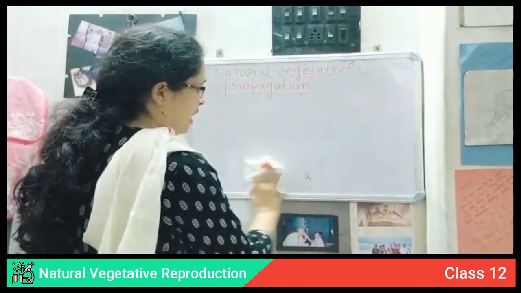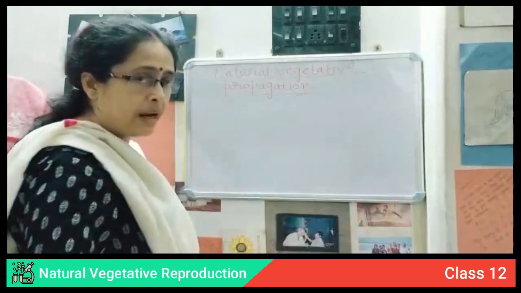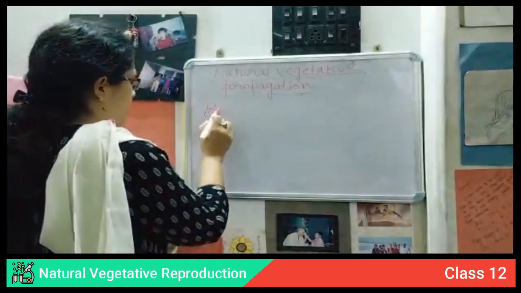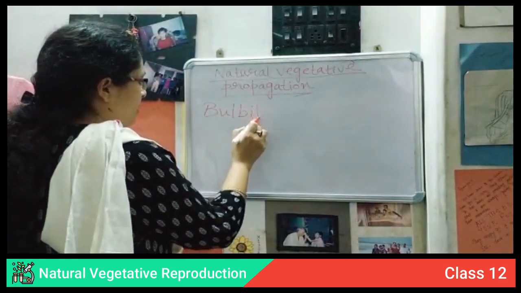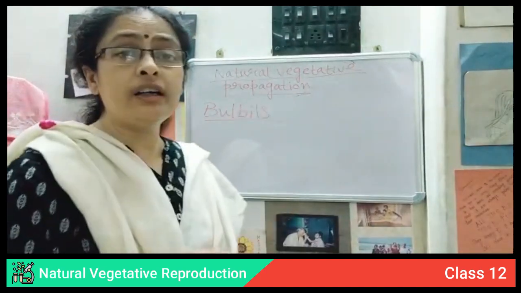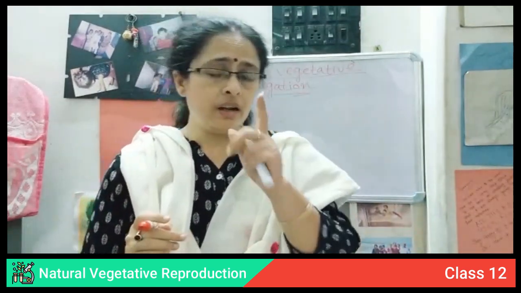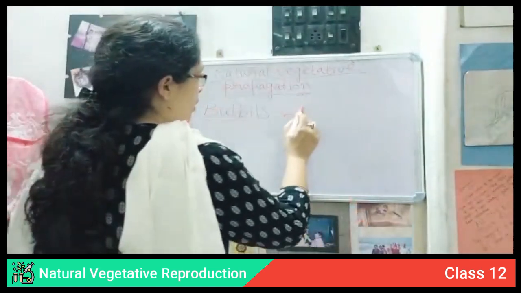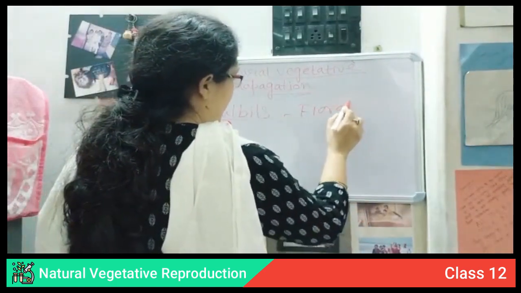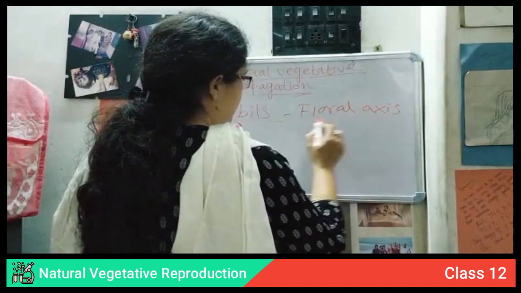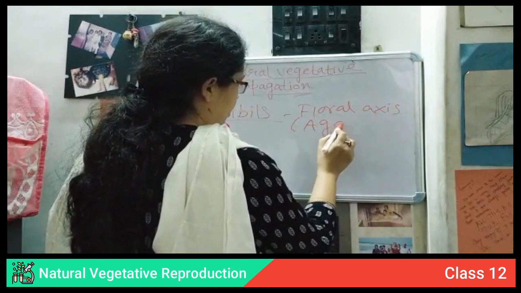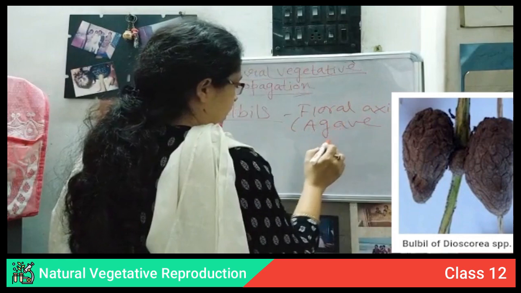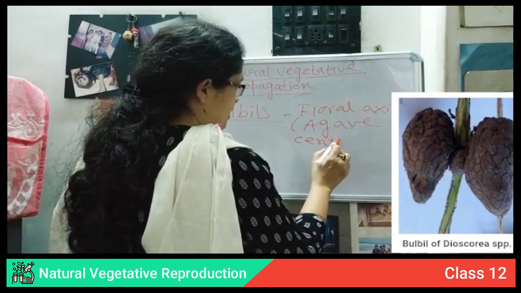Now the last one is bulbils. Bulbils are condensed buds. They can grow anywhere in the plant body. Number 1, if they grow in the floral axis, the example is agave, whose common name is century plant.